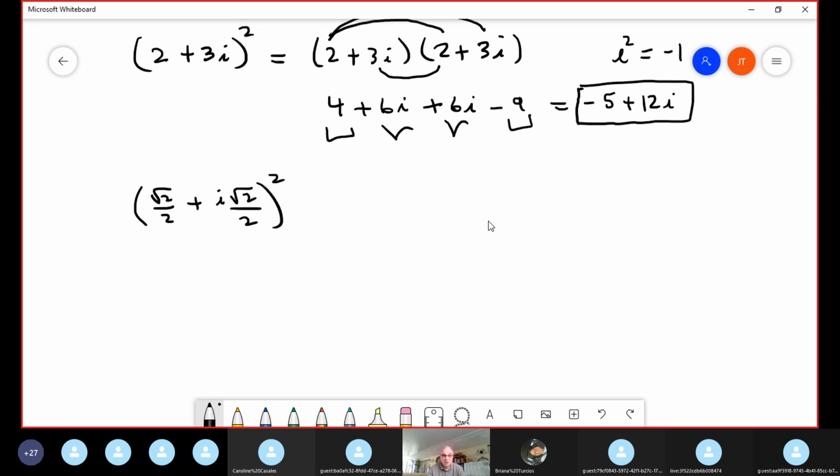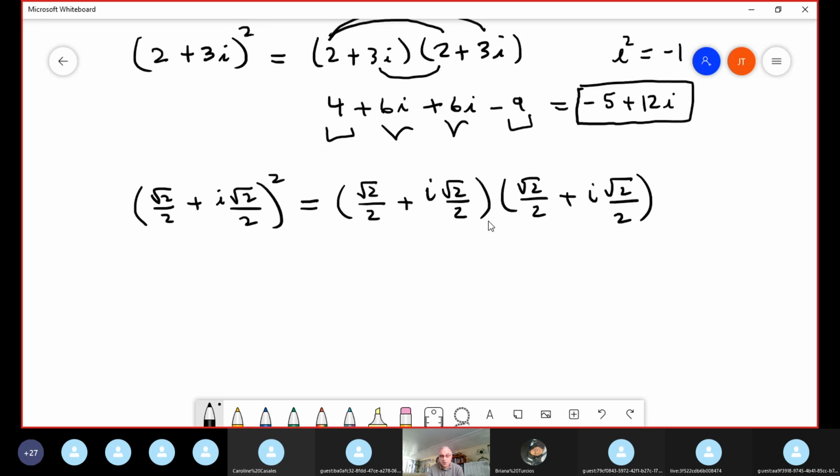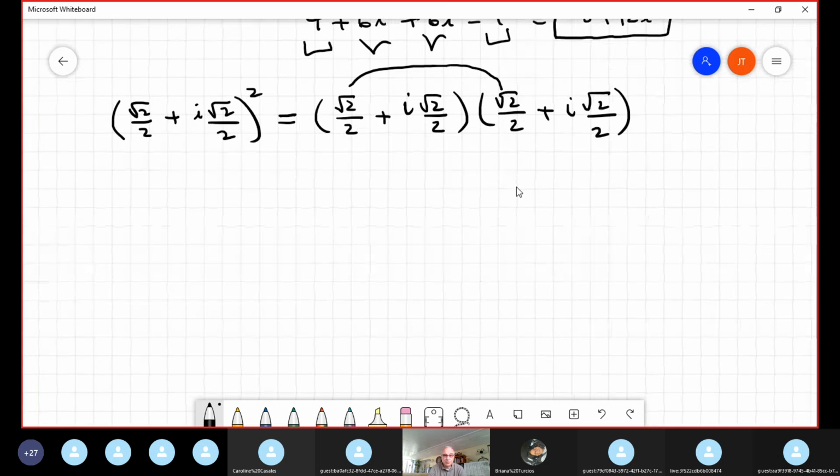That you multiply radical 2 over 2 plus i radical 2 over 2 times itself, radical 2 over 2 plus i radical 2 over 2. Let me multiply radical 2 over 2 times radical 2 over 2. Let me copy here in the corner of the board.